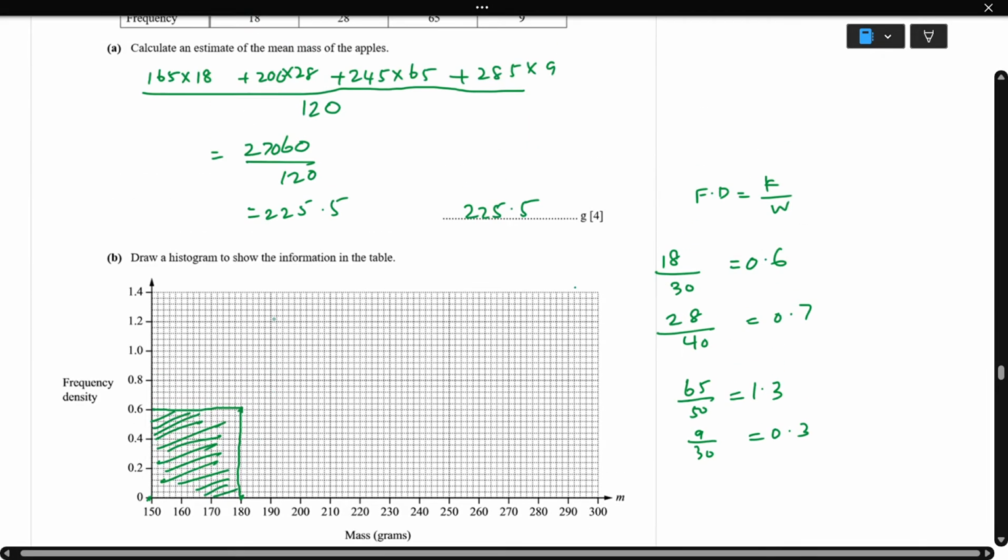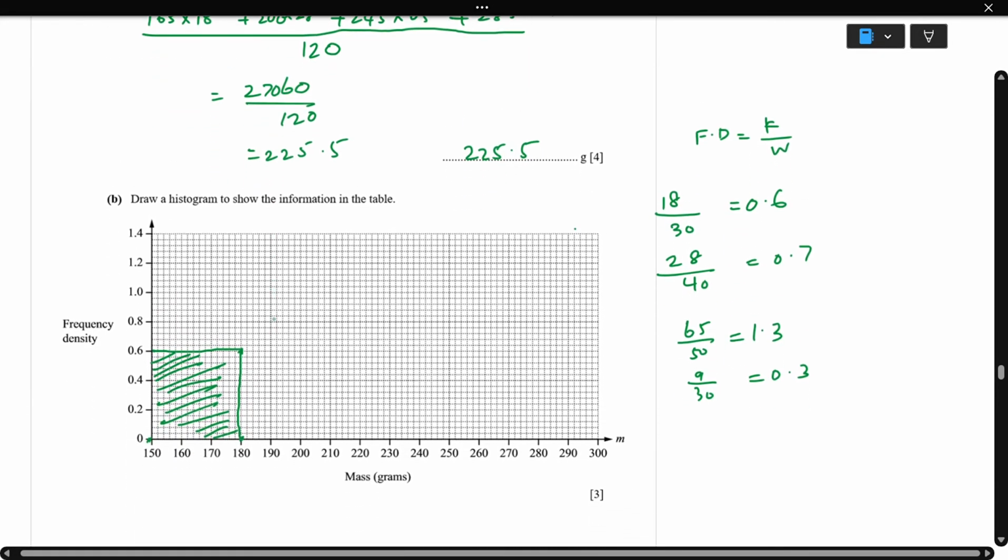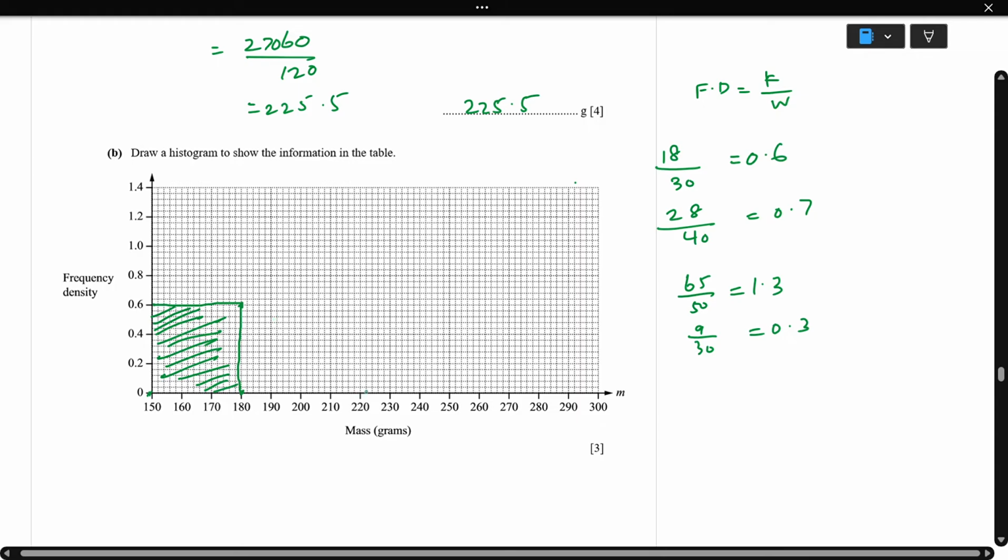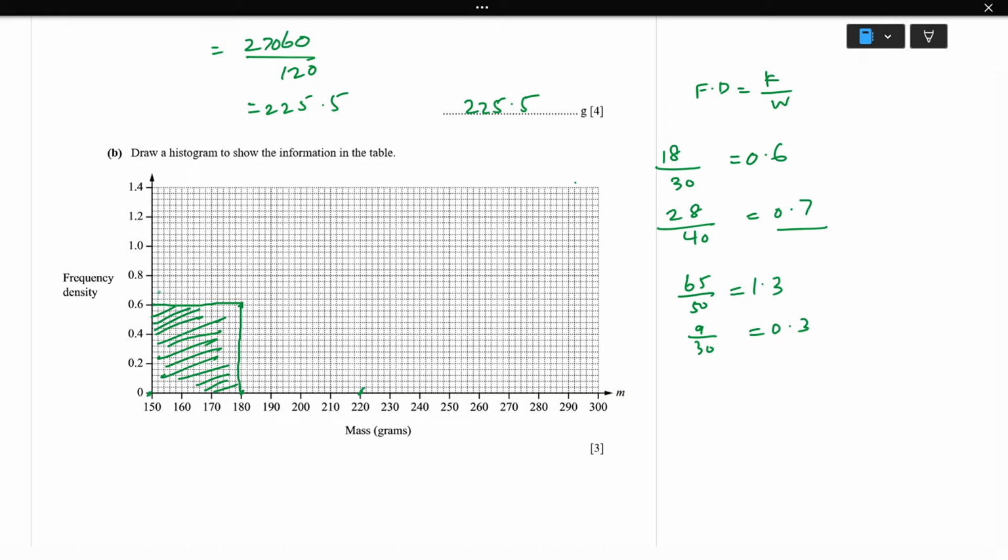Okay, the second interval is going to be 180 to 220. The height is 0.7. 0.7 from here to here. Here also we need to shade.